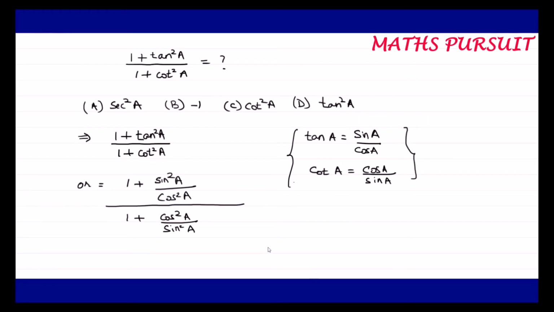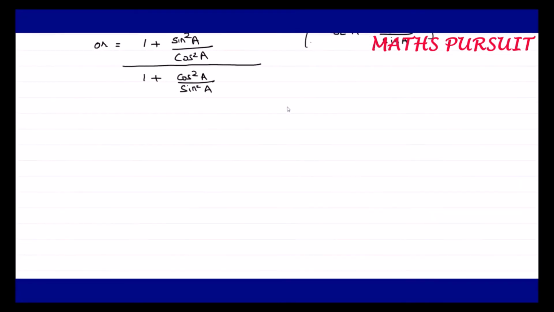Now let us further solve this. We got 1 plus sine square a upon cos square a, upon 1 plus cos square a upon sine square a.